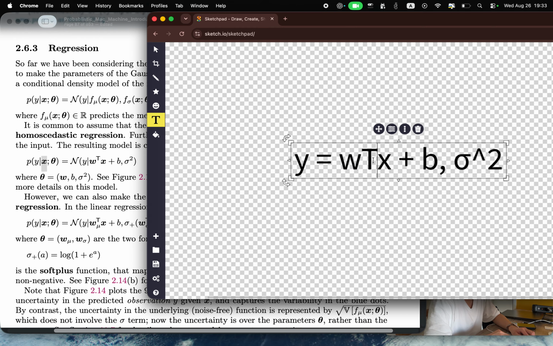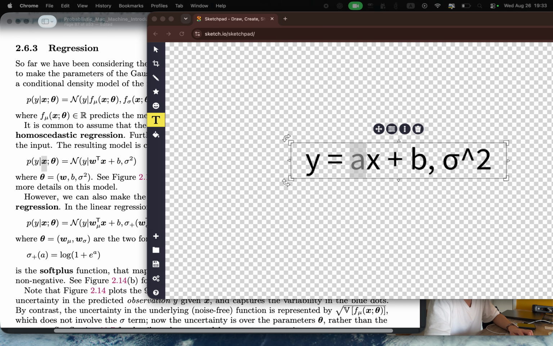If you reduce this part, ax plus b, then you know this function. This is a standard model, in which a is the slope and b is the intercept.